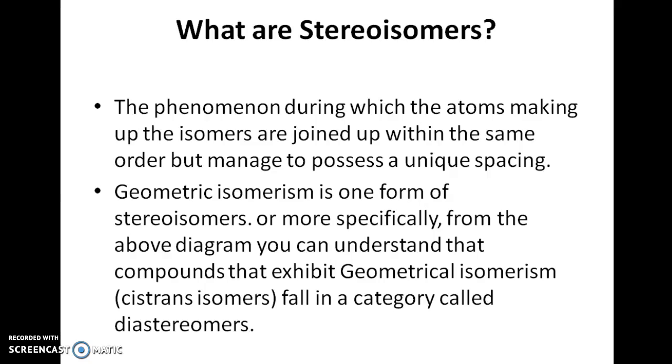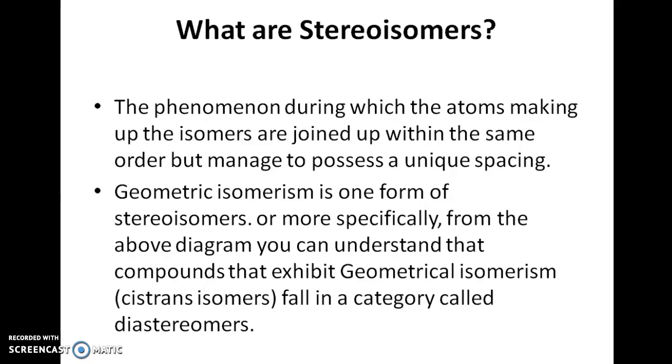In this we can see the atoms which make the isomers are joined in the same order, but they possess a unique spacing.